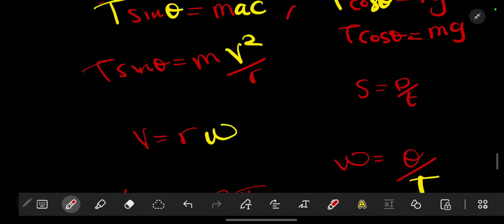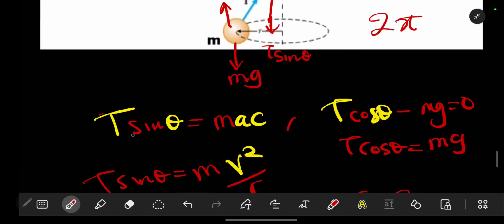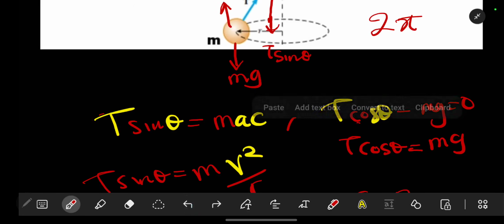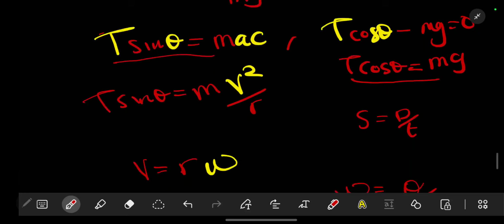With that, knowing our speed, what are we even looking at? The tension. We need to find what this value is equal to. In this case, we have two equations. We cannot find the tension directly because we don't know the angle. So we are going to get these two equations and divide them.